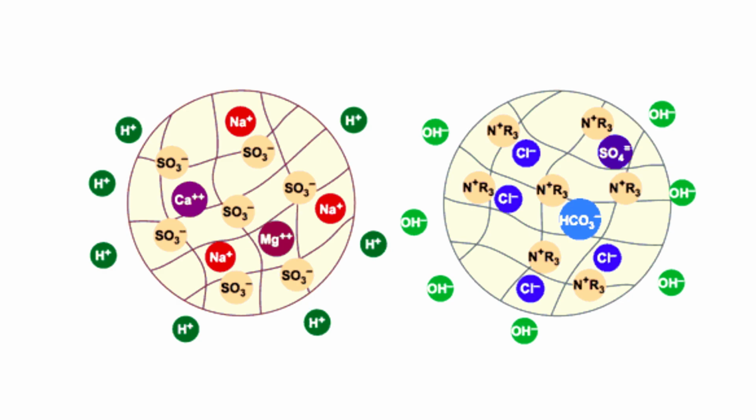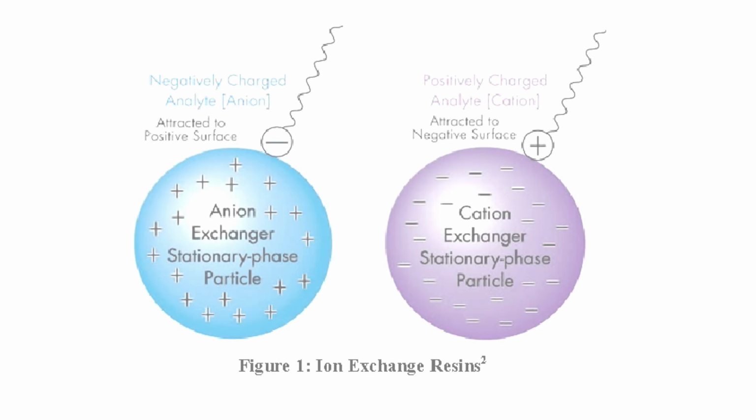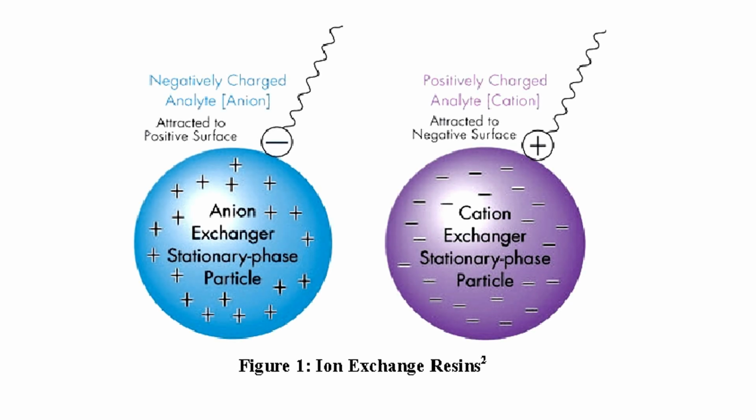The process normally takes place inside a vessel, usually cylindrical, and as the water passes through the resin, ion exchange takes place when certain undesirable ions are removed and replaced by more desirable ones.